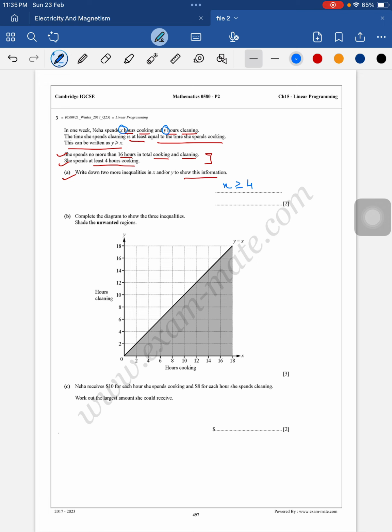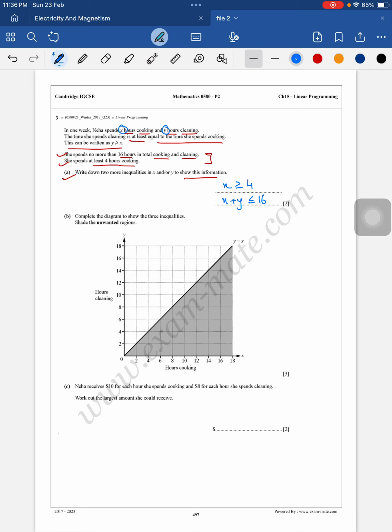And she spends no more than 16 hours in total, so it can be 16 but not more. So x plus y is less than or equal to 16. Is it clear? Okay. The second part is to complete the diagram to show the 3 inequalities, shading the unwanted region.